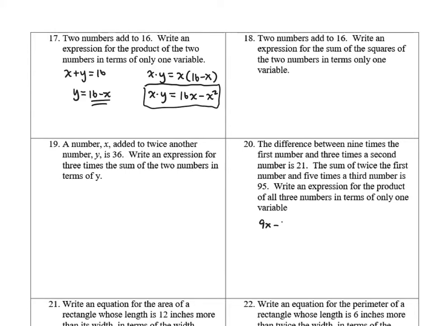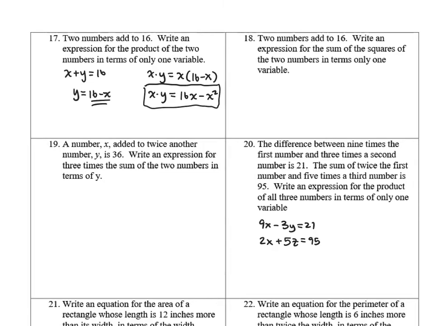And 3 times the second number is 21. The sum of twice the first number and 5 times the third number. So sum means addition. 5 times the third number, I'll use z, is 95. It says write an expression for the product of all three numbers.